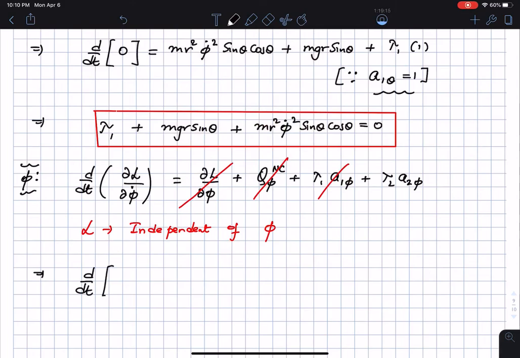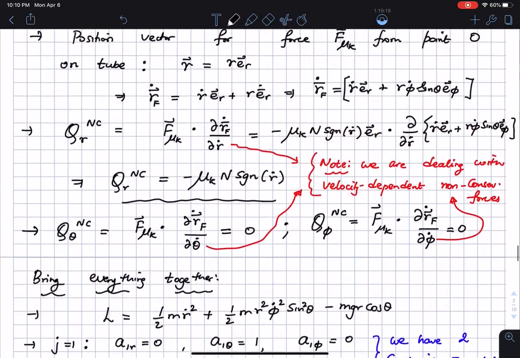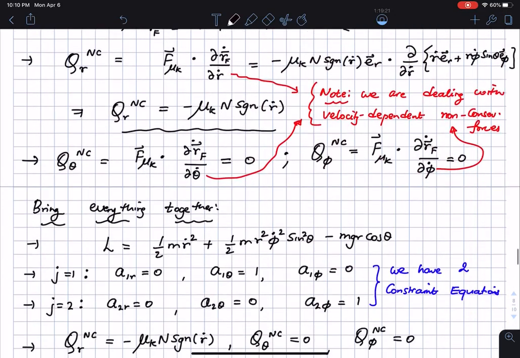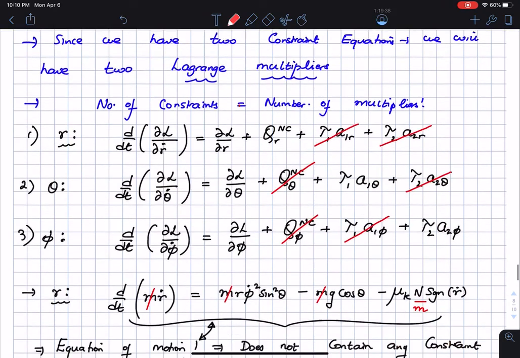d by dt of dL by d phi dot. Now be very careful. If I go back to the Lagrangian here, okay, I passed it by, there is one term containing the phi dot. Okay, there is one term containing phi dot, so I have to do the differentiation of that. So I end up getting 2 phi dot, the factor of 2 is gone there, so this is m r square phi dot sine square theta.